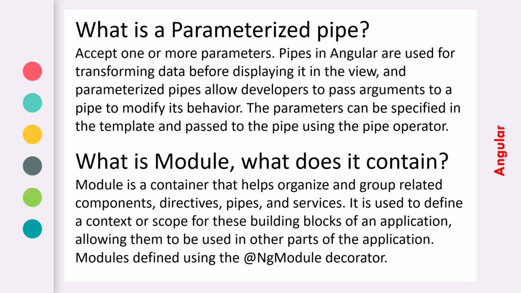Modules can also contain providers that allow these components, directives, pipes, and services to be shared and reused throughout the application. Modules in Angular are defined using the @NgModule decorator.